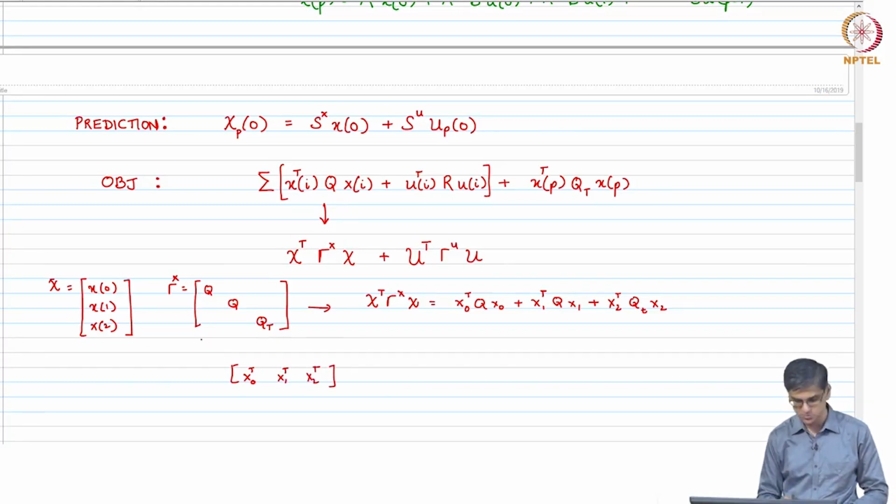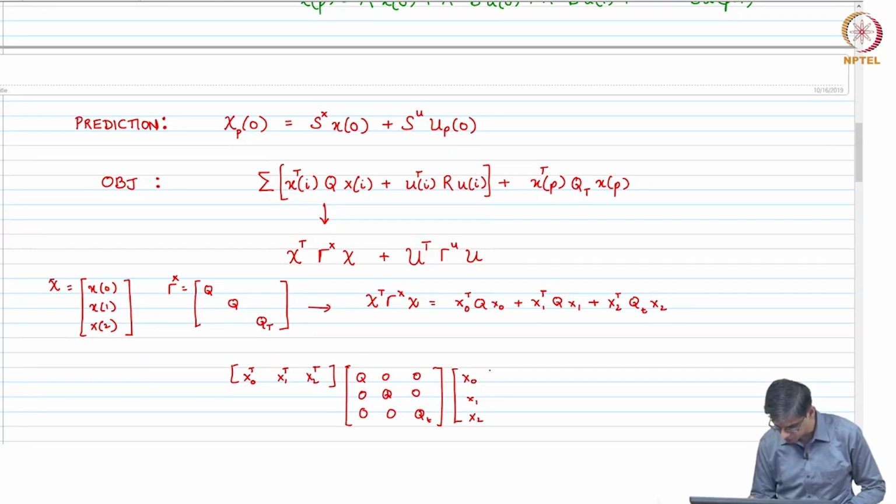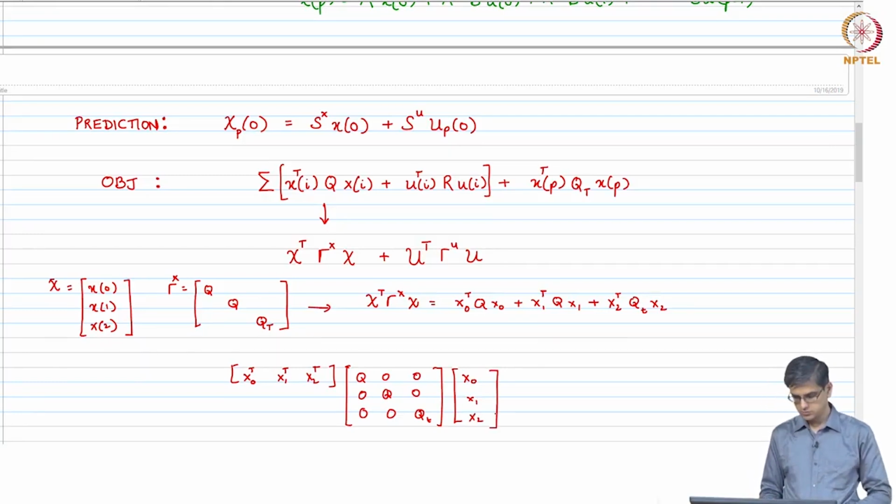This is the x transpose part multiplied by q 0 0, 0 q 0, 0 0 qt multiplied by x naught, x1, x2, okay. This guy is a 1 by n, this is 1 by n, this is 1 by n, this is n by n, this is n by n, this is n by n.